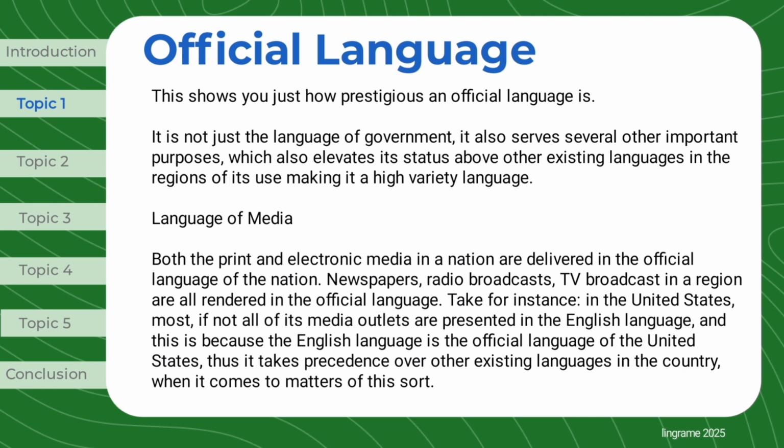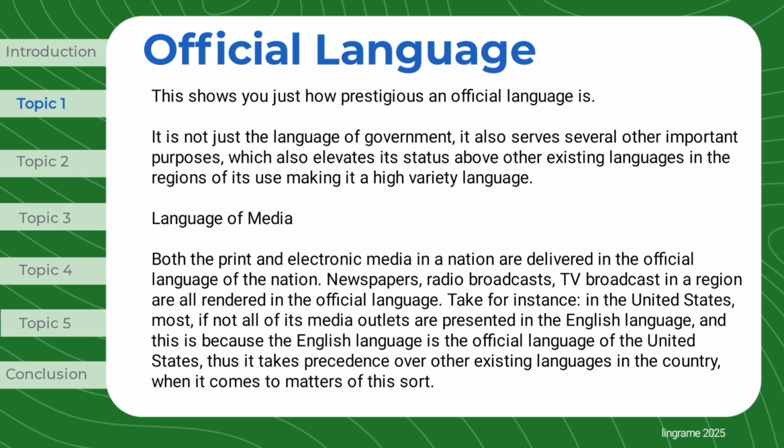It is not just the language of government, it also serves several other important purposes, which also elevates its status above other existing languages in the regions of its use, making it a high-variety language. Language of media. Both the print and electronic media in a nation are delivered in the official language of the nation.